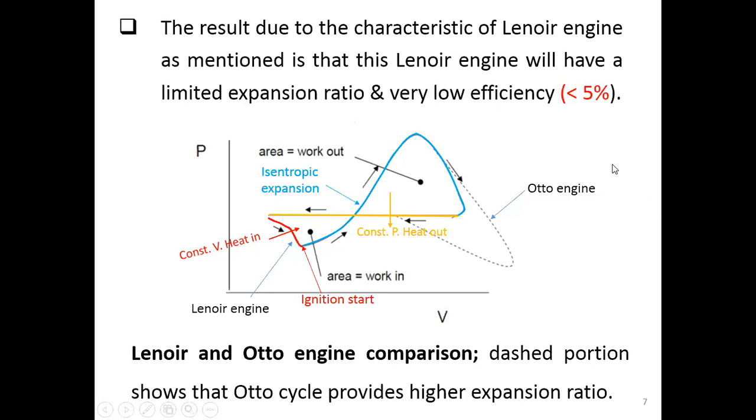Compared with the Otto cycle, the gasoline engine, which has a higher expansion ratio, the Otto engine has a higher efficiency because of the higher expansion ratio that happens here.